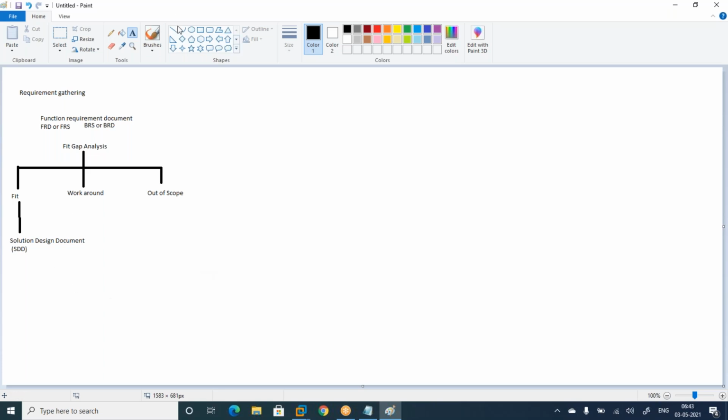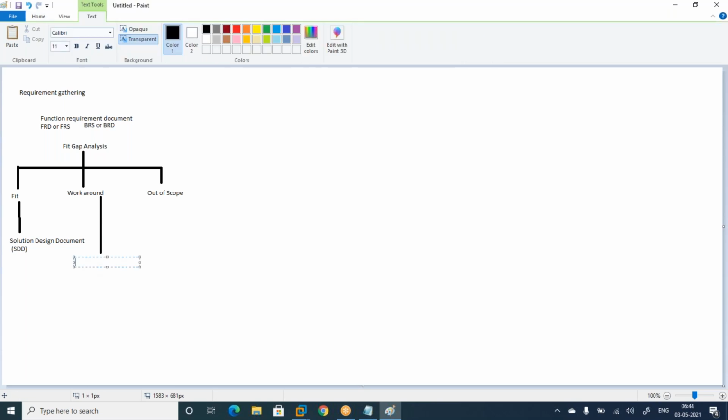Next one, workaround: we need to prepare one document called functional design document, FDD.